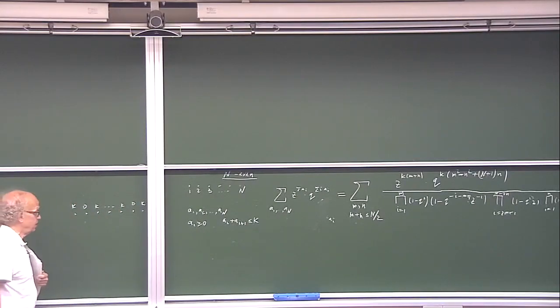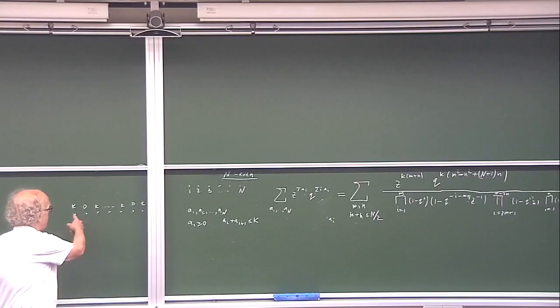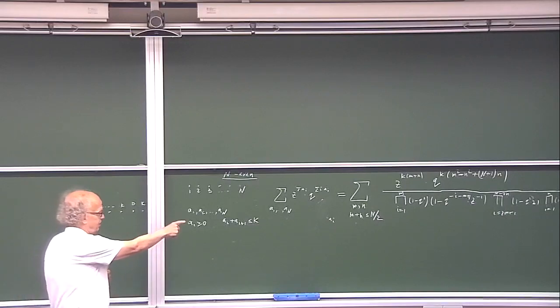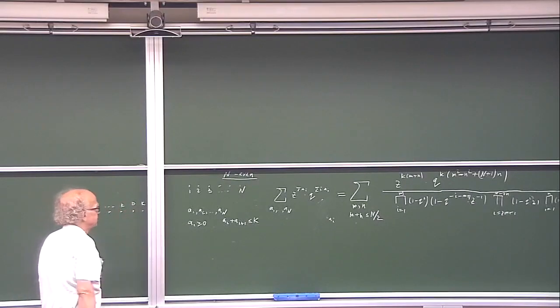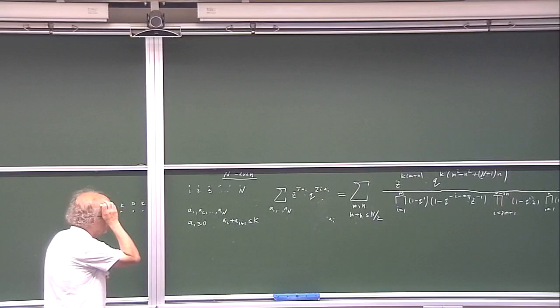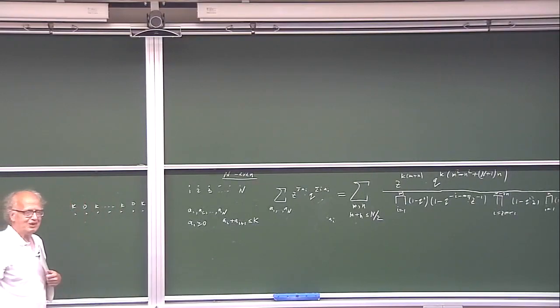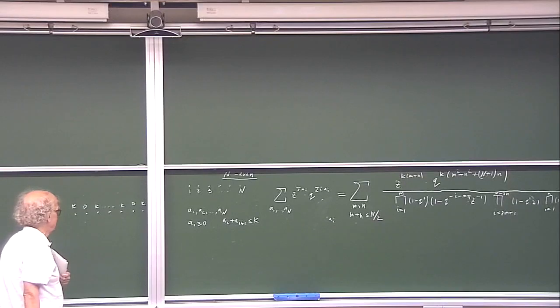Yes, and in this formula M is how many k's I have from one side, and N is how many k's I have from the other, or opposite side. I don't know which is M and which is N, but actually it is like that.